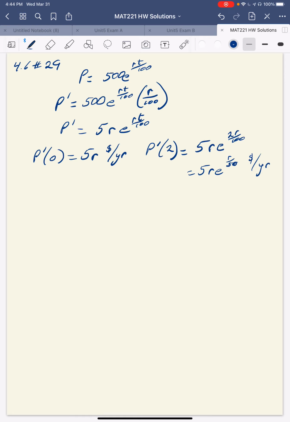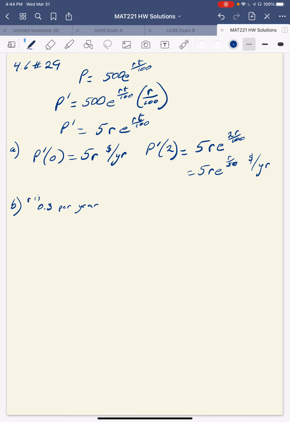So now for part B, however, part B is saying, well, suppose R is increasing by 0.3 per year, percent per year, when R is 4 and T is 2.